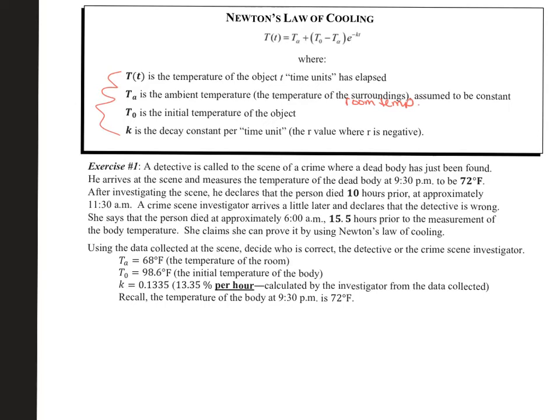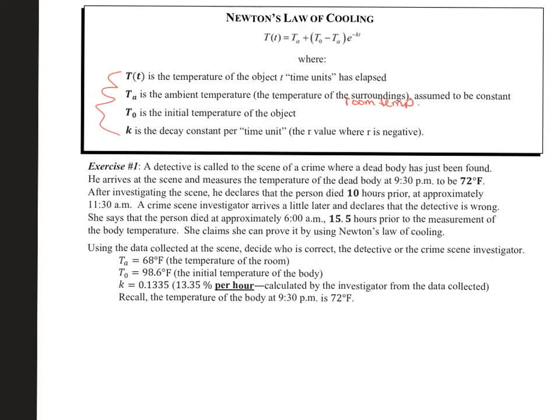She says that the person died approximately at 6 a.m., 15.5 hours prior to the measurement of the body temperature. She claims she can prove it by using Newton's law of cooling. Using the data collected at the scene, decide who is correct, the detective or the crime scene investigator.